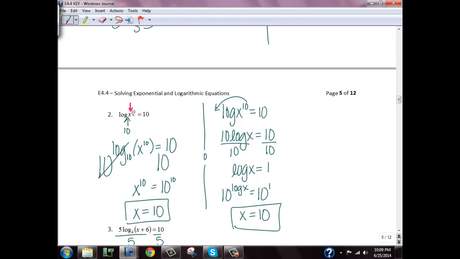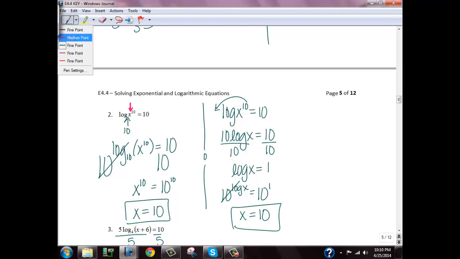The other way you might have done this is, notice I have log of x, and I have a 10 in the exponent. I could bring that exponent down as a coefficient and then divide it off, which will give me log of x equals 1. Okay, and then I can use the 10s to get rid of it. Again, my 10 and my log would cancel, and I'd be left with x equals 10 to the first power.